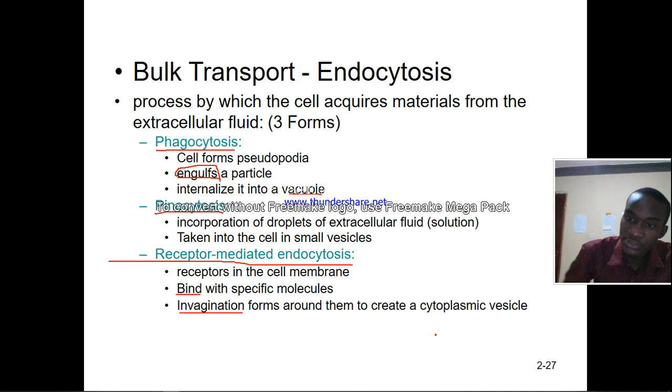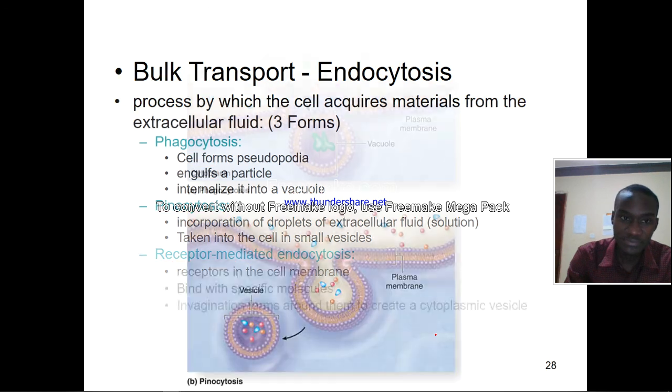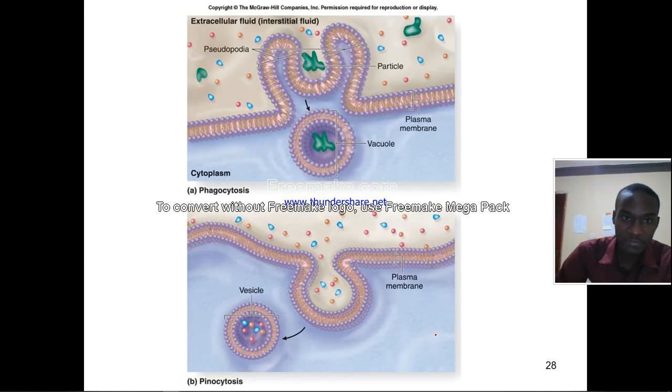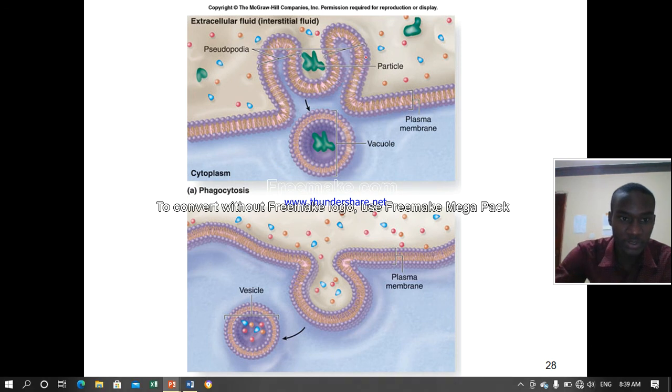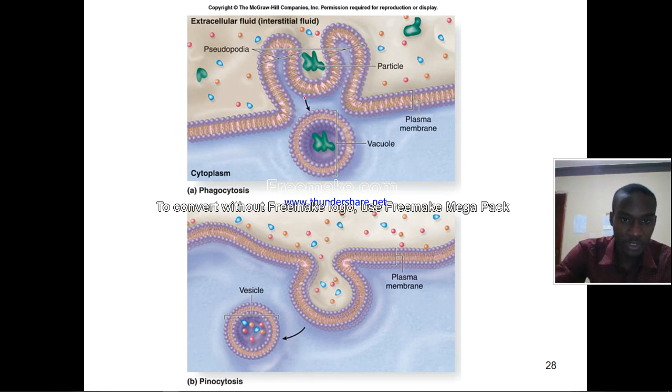And remember, endocytosis is a form of transportation under bulk transportation, which is a form of transportation under active transportation mechanism. So we have a depiction of endocytosis here. In A, we are trying to depict phagocytosis on the extracellular side, this blue side.